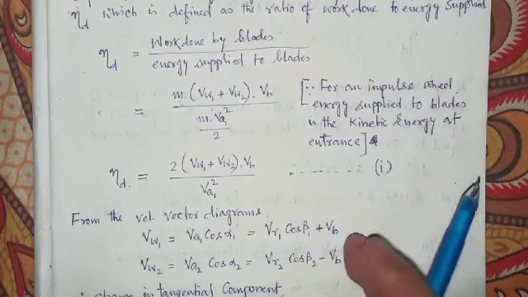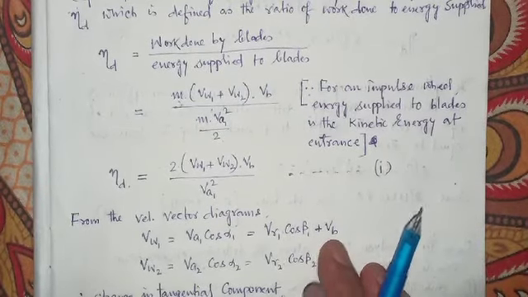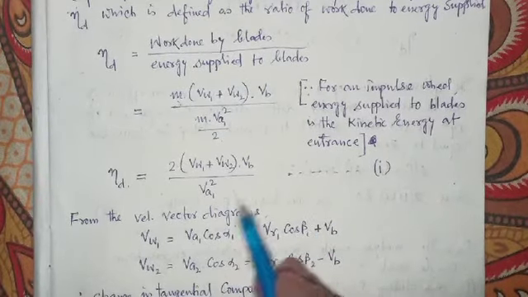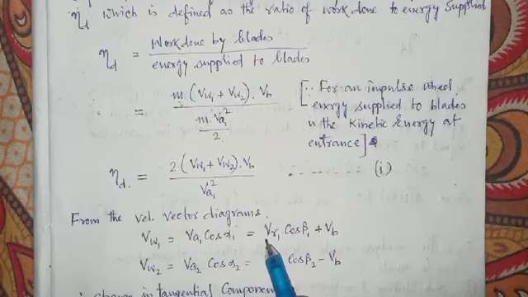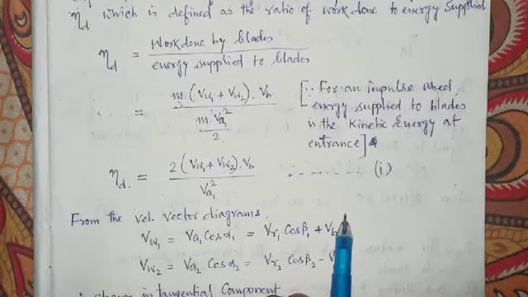Now the following transformations are carried out to determine the different parameters which affect the diagram efficiency of the steam turbine blading.